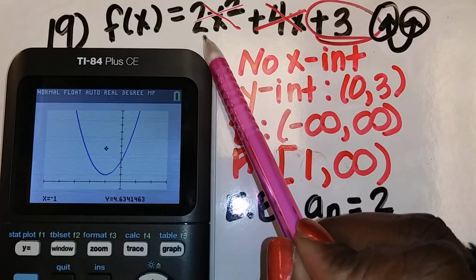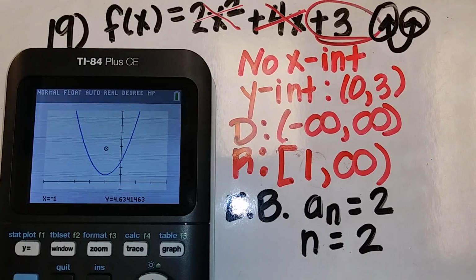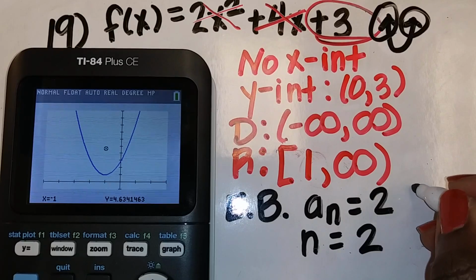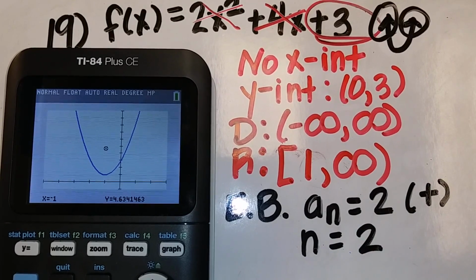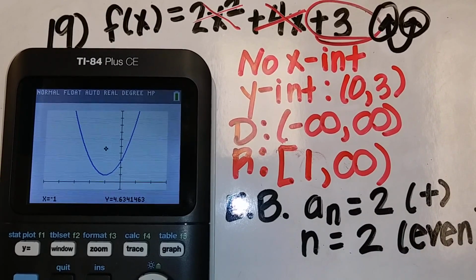My leading coefficient is a positive number. My degree is an even number. So when it is positive and even, it's going to match image number 3 on page 257. It's going to rise to the left and rise to the right. That's what it's going to do.